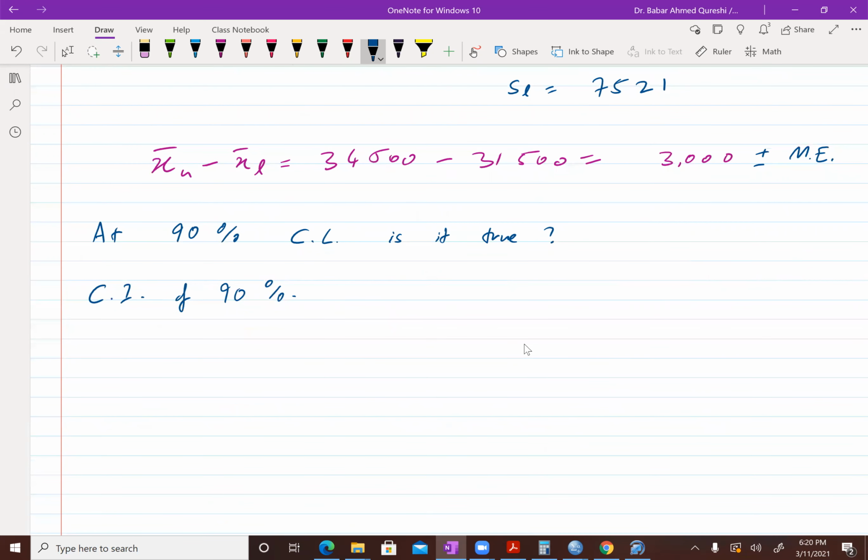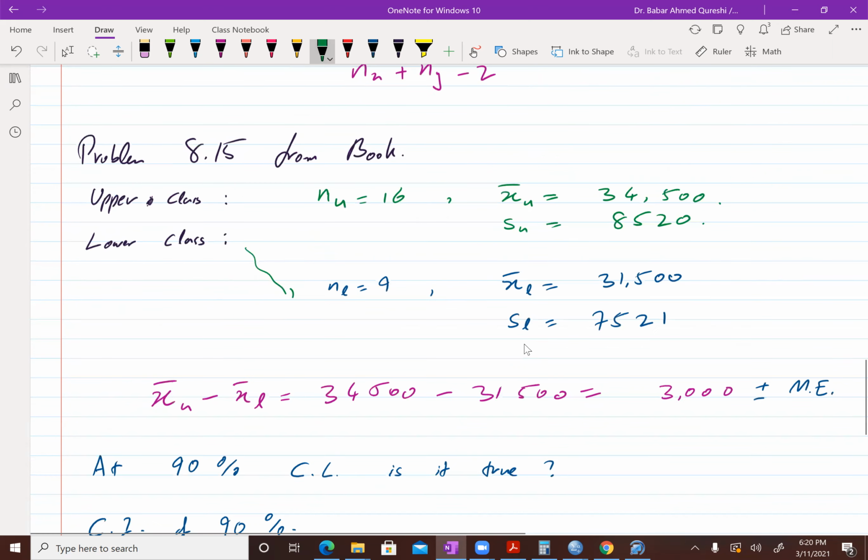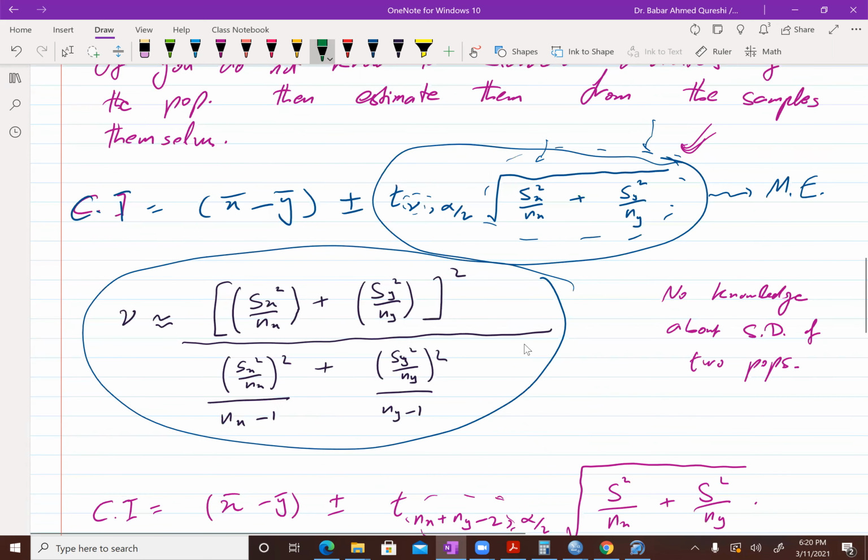So I have to compute these numbers because this comes in the formula, SU over NU. This is L. Sorry, this was the general formula, so that was fine.